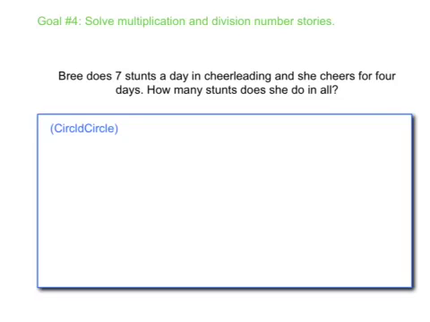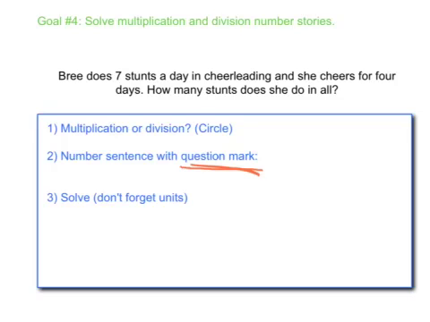Then you're also going to want to draw a number sentence with a question mark. Don't forget that part. And finally, solve this problem up here about Bree. Special shout out to Bree today. And don't forget units. And save it when you're finished before you move on to the division number story. And also don't forget to save before you move on to the next slide.